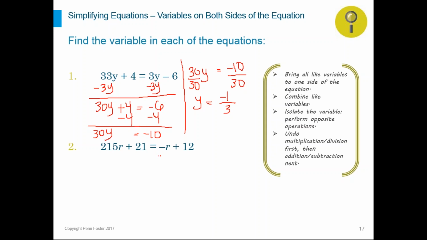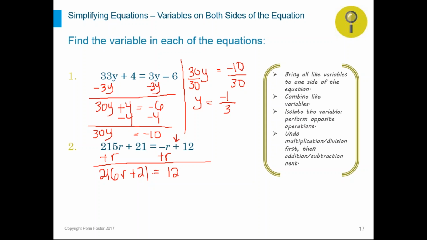It's a negative r, then add r and add r. And when you add r, you're actually adding 1r. Okay, so 215r plus 1r, that will be 216r plus 21 as is equals to, that's gone, 12. And 12, because here is a plus, so 12 here is a positive number.